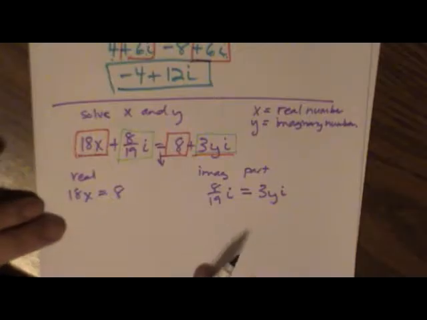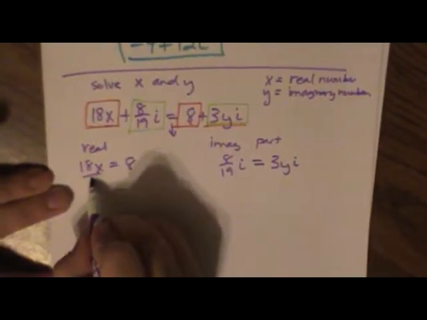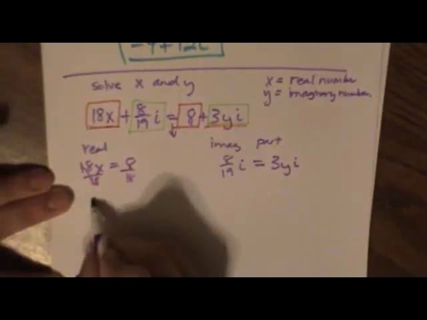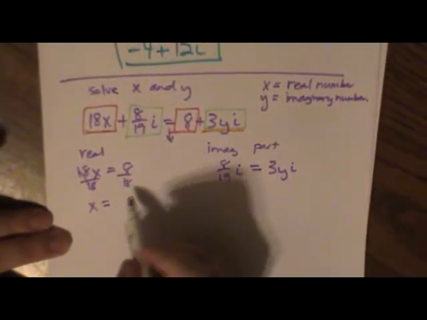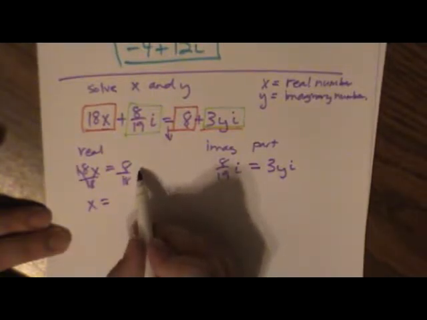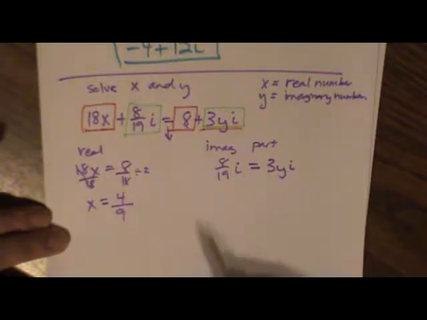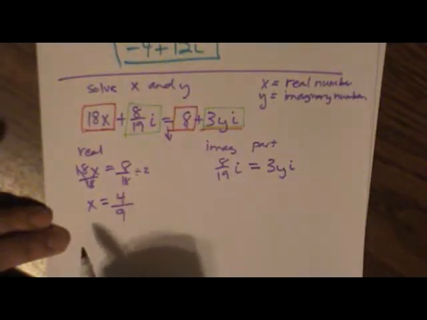Now we're going to solve. The real part, we're going to divide by 18 because we want to know what x is. And we could divide by 2 for both of those. So we get 4 over 9 for our x.